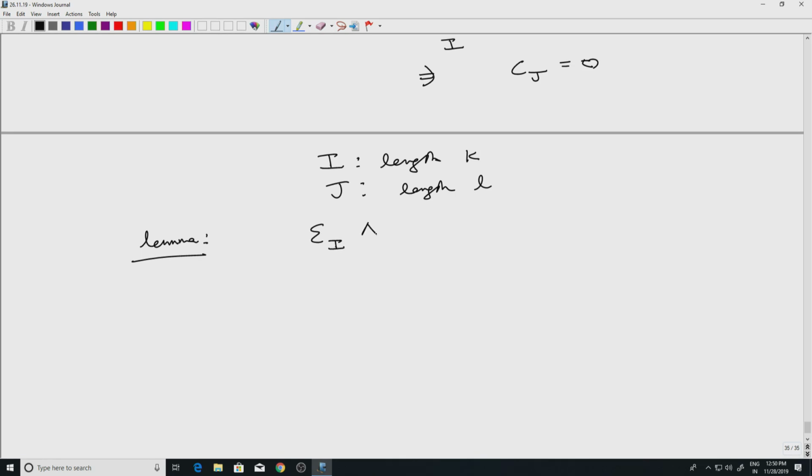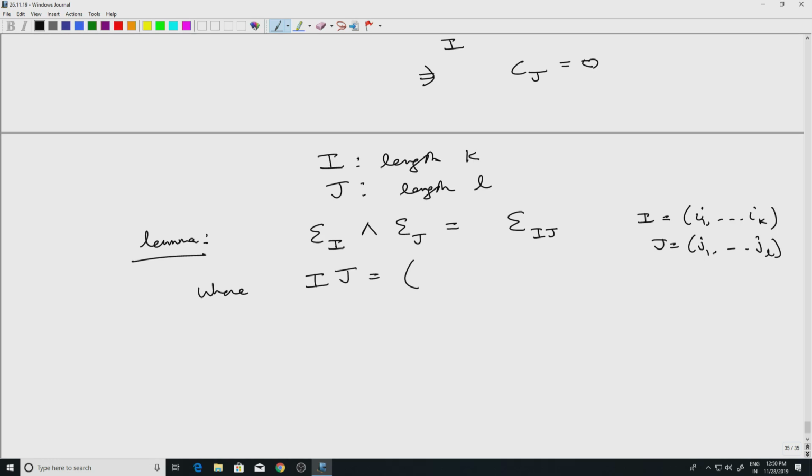Epsilon I wedge epsilon J equals epsilon IJ, where IJ is the multi-index which is obtained by concatenating I and J. In other words, if I equals I1 all the way up to Ik and J equals J1 up to Jl, you just write it side by side: I1 up to Ik, J1 up to Jl.